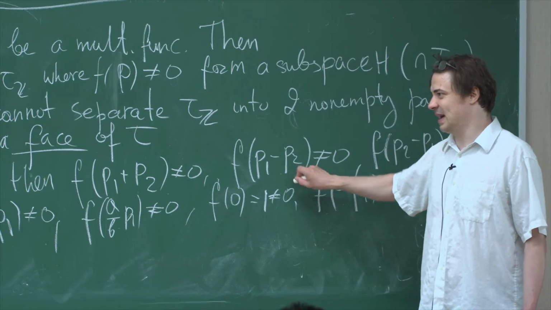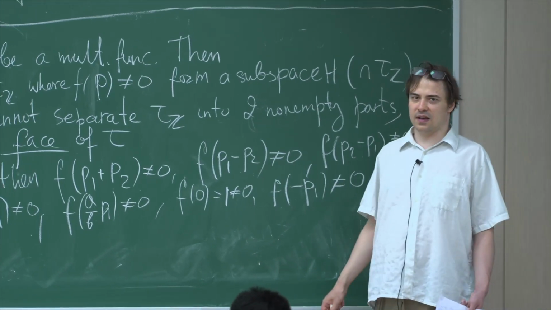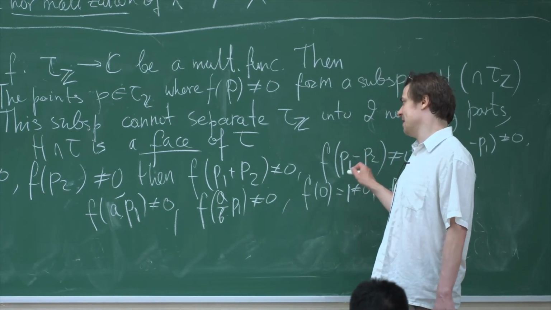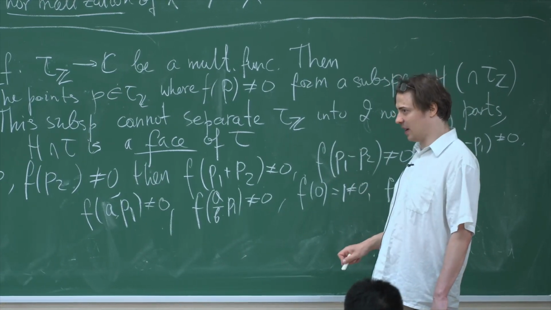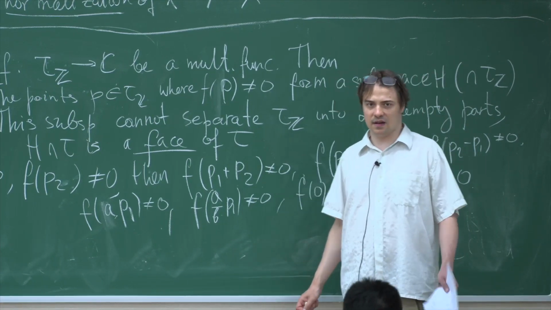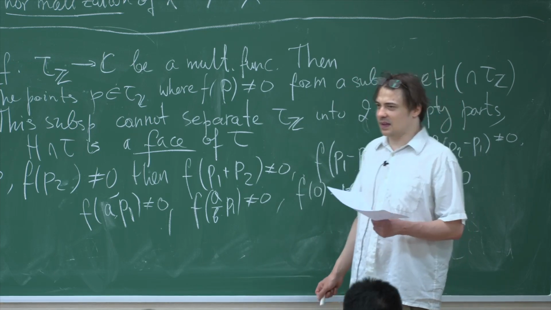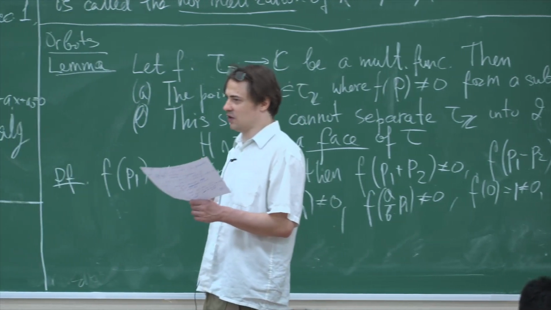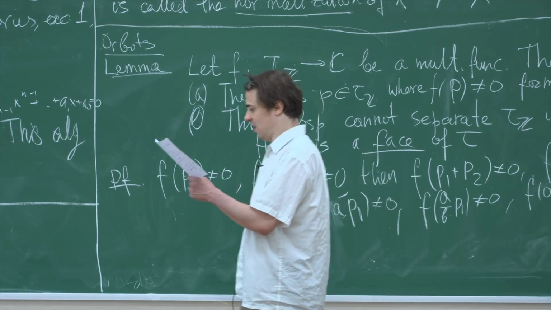We have to check this separately. But multiplication by positive numbers, subtraction separately, multiplication by negative numbers separately is enough. So everywhere in the subspace where we have an integer point of tau, we get a non-zero value.